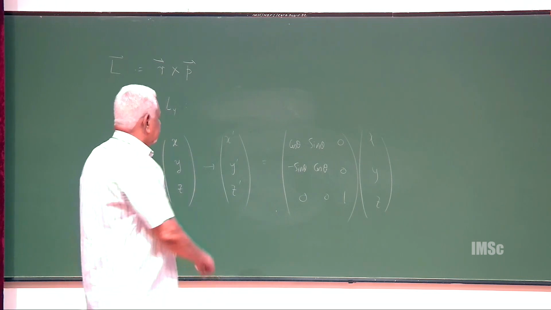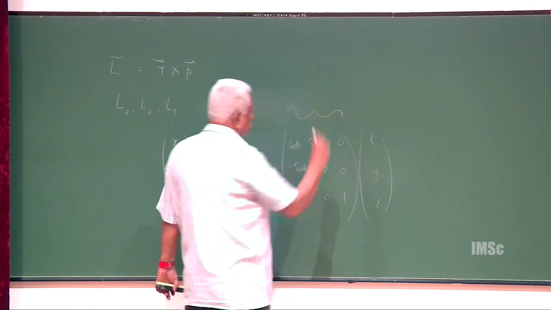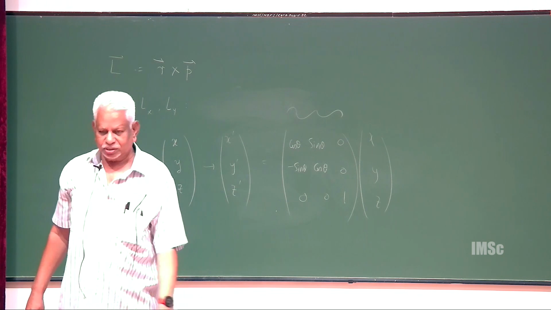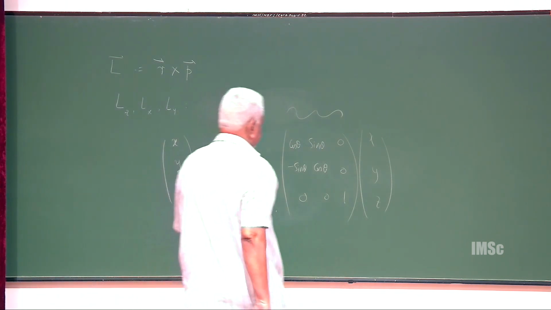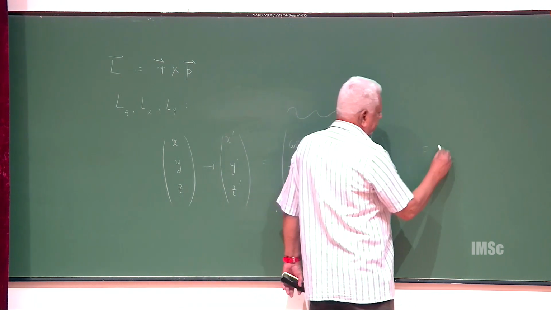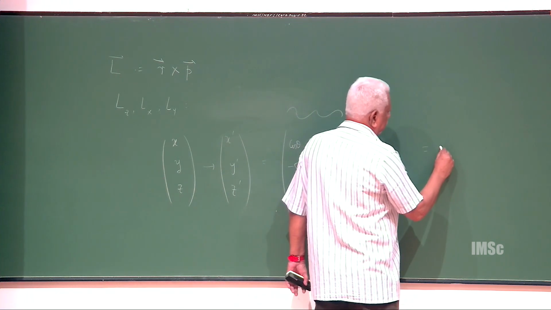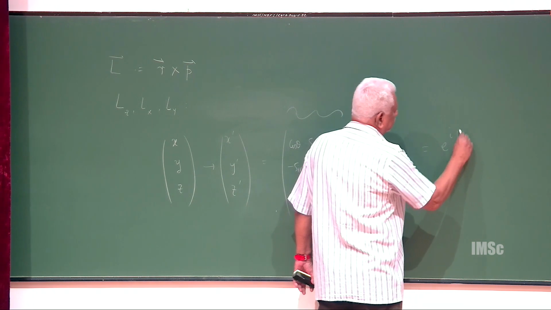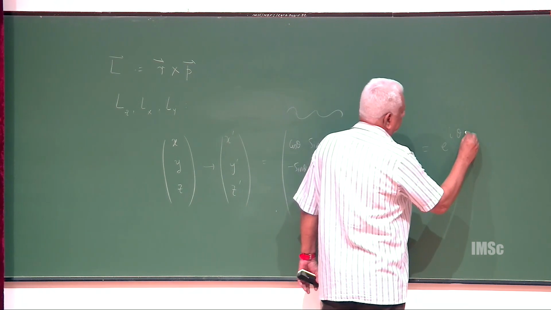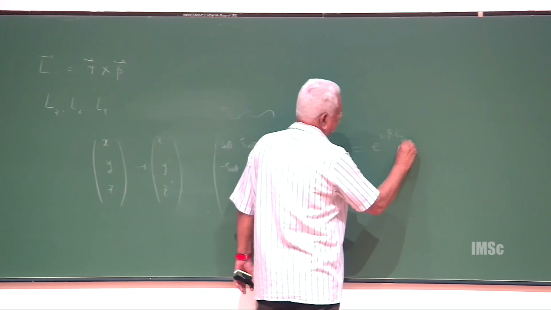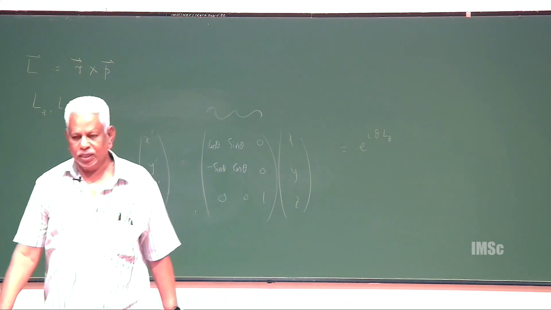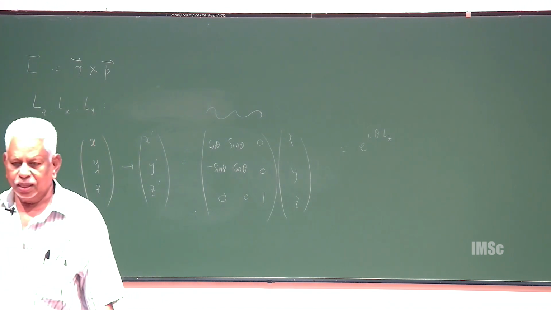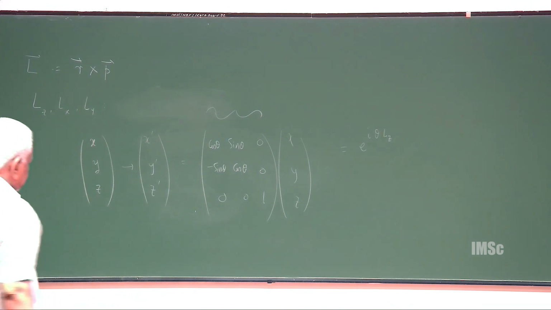Now, I can write this matrix in this form. I will write it as e to the power i theta times a matrix which I will call Lz. Now, what is that matrix?